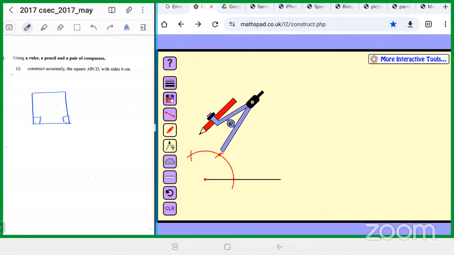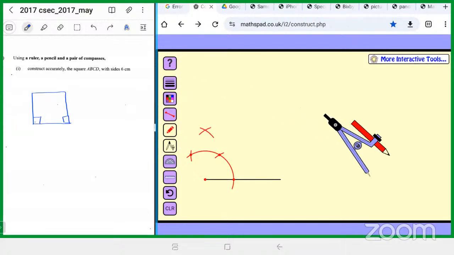I put the compass over this end of the 60-degree arc and cross this one again. And that's my 60-degree. I'm going to come to this end and do the same thing.